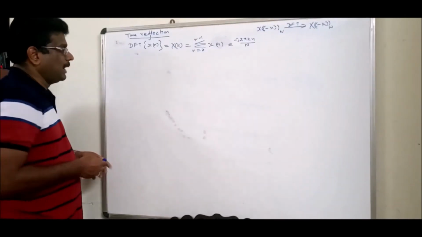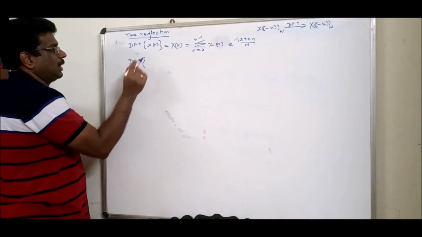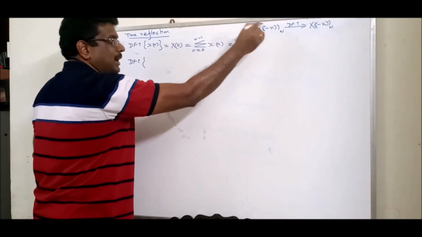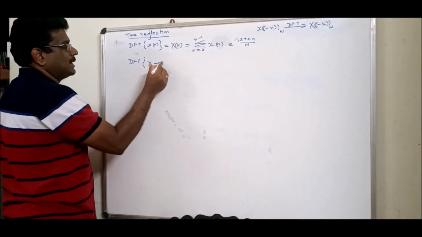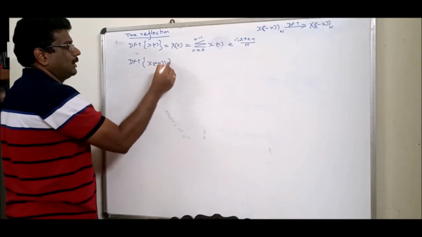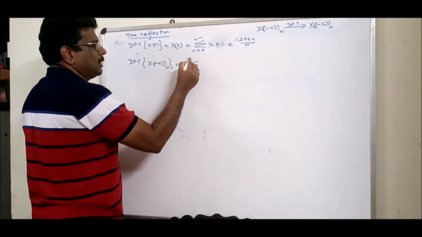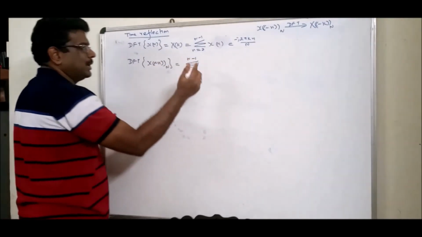Now let us start from the LHS, left hand side. DFT of, I don't want x of n, I need this term. Let me start my proof from the left side and I will reach the right side. X of minus n, double bracket n, must be the same. N is equal to 0 to n minus 1. The same term, how it comes here, let us repeat the same.